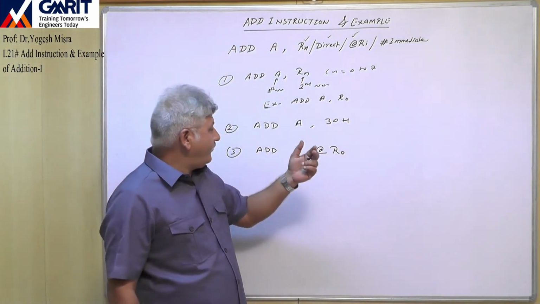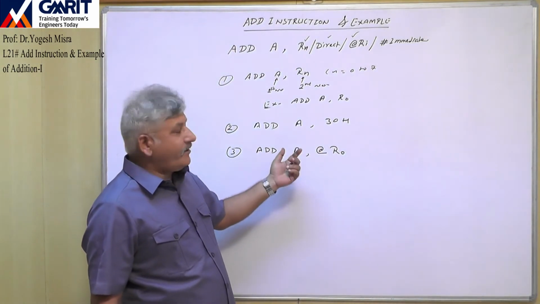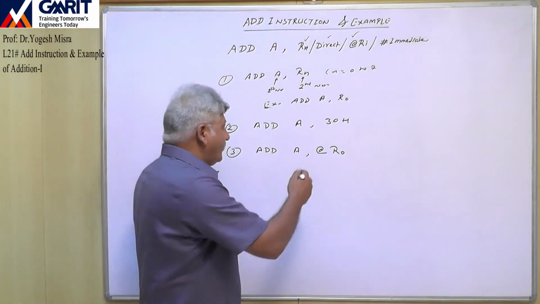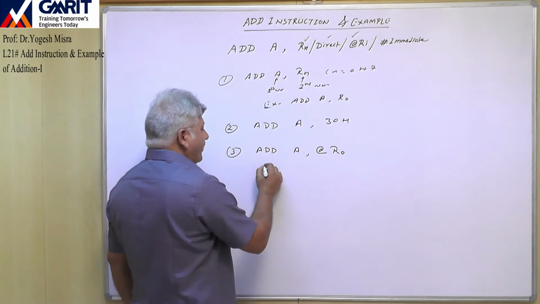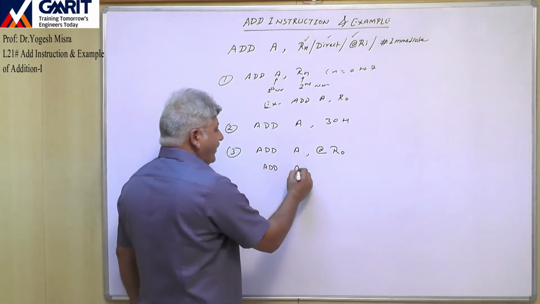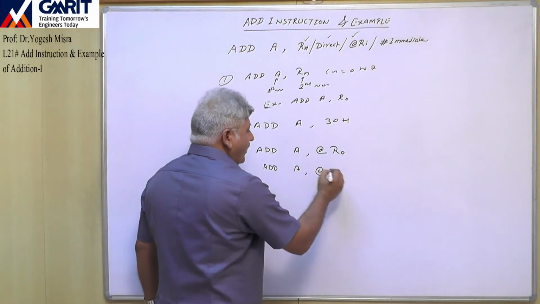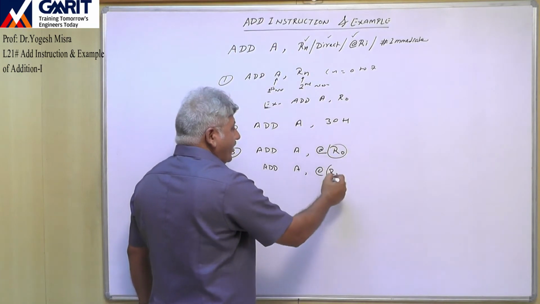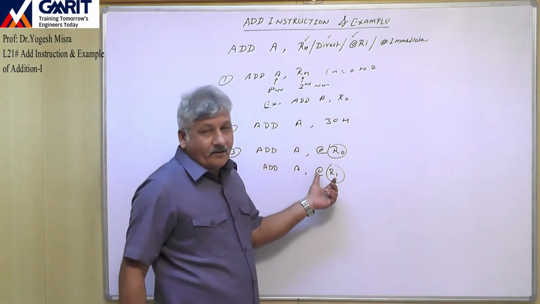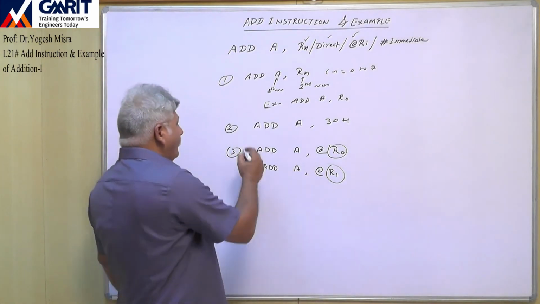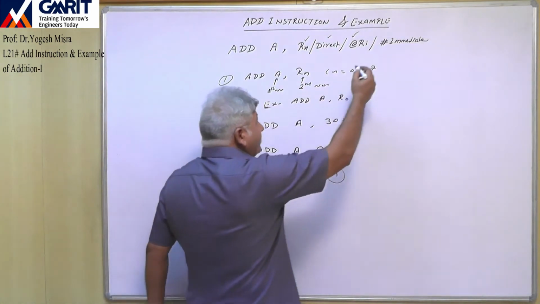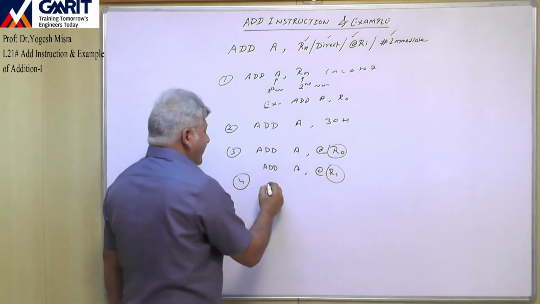That number will be added with A, and the final result will be stored in A. In place of R0 we can use R1 also, for example add A, comma, @R1. Only R0 and R1 are allowed with this @ symbol.